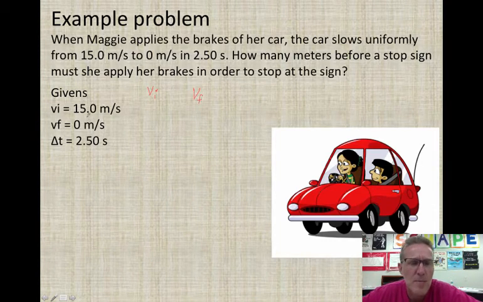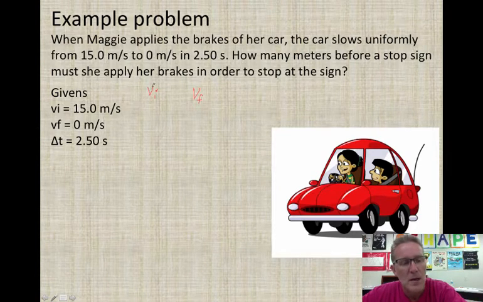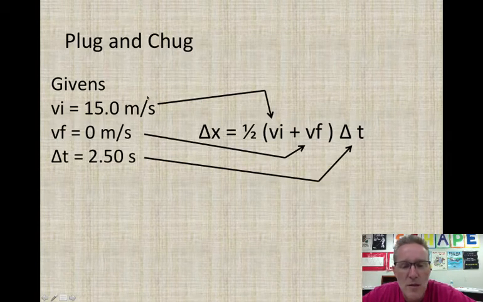Anytime you're coming to a stop or starting from rest, you need to be mindful of that and apply it to either VI or VF. Then the time is 2.5 seconds, which is pretty obvious. Now for the easy part: plugging in the numbers where they go and doing the math. This slide shows where everything goes.